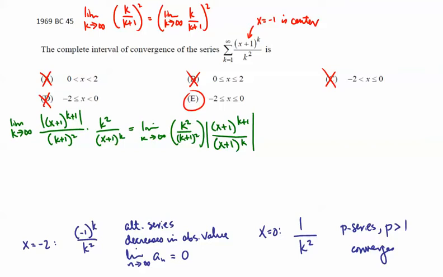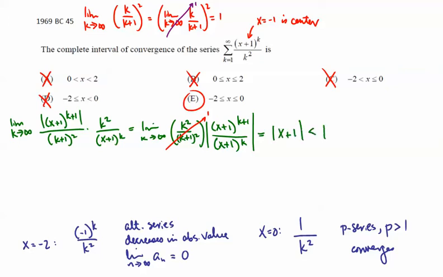And we know that limit as k goes to infinity of k over k plus 1 is just 1. And 1 to the second power is still 1, and so this whole limit is 1. Then (x plus 1) to the k plus 1 over (x plus 1) to the k is simply the absolute value of x plus 1.